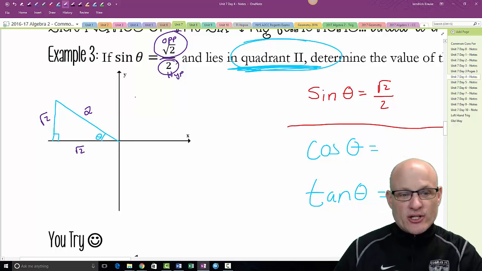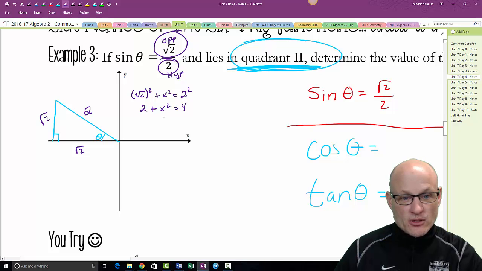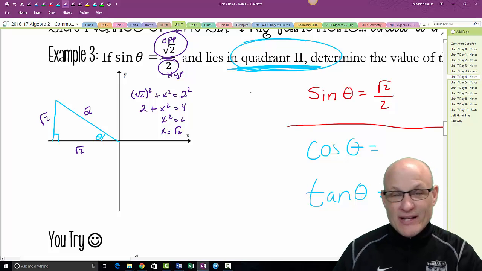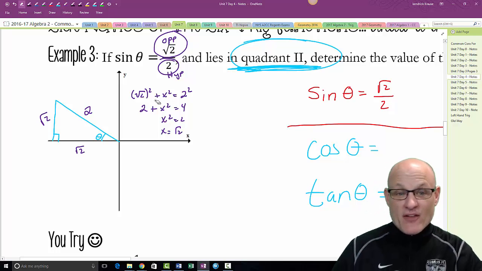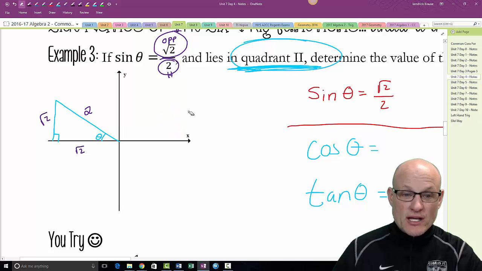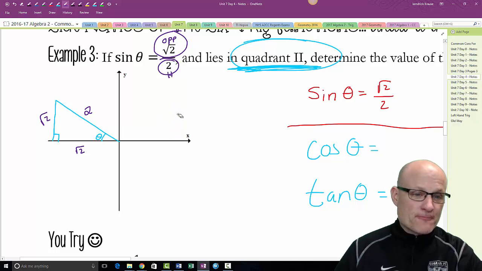If you don't know that, you could go through the Pythagorean theorem. The square root of 2 squared plus x squared equals 2 squared, so 2 plus x squared equals 4, x squared equals 2, and x equals the square root of 2. But we knew that already. In this case, we didn't have to go through this work. We will have to go through it in the future.